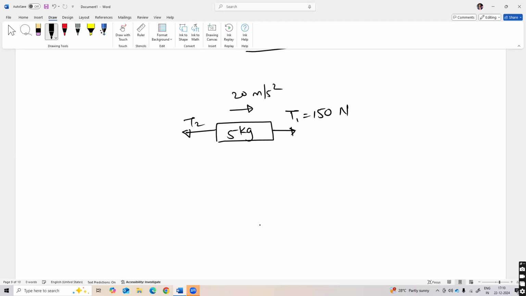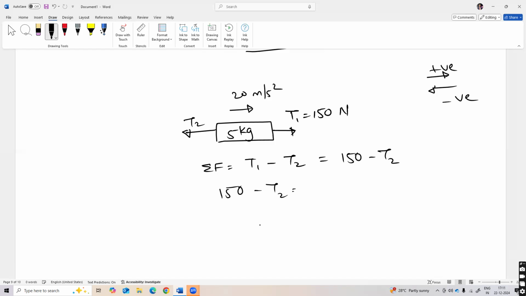second square. So again, we draw the summation of forces, and we use the same notation: force is positive if it is towards the right direction, and negative if it is towards the left. The summation of forces is T1 minus T2, so it is equal to 150 minus T2, and m is 5 and acceleration is 20. F equal to ma, so 150 minus T2 is equal to 5 into 20.